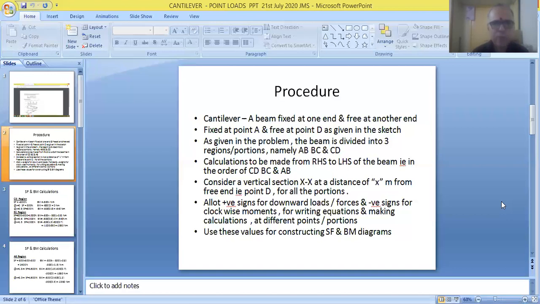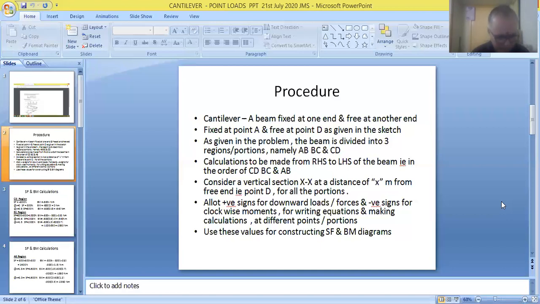Therefore, friends, for our convenience in making calculations, we have to divide the beam into different regions or portions.